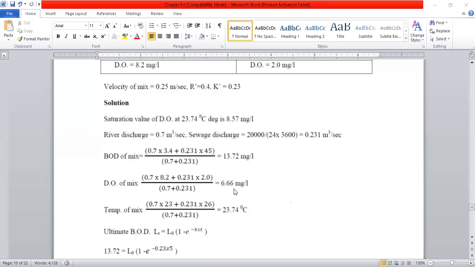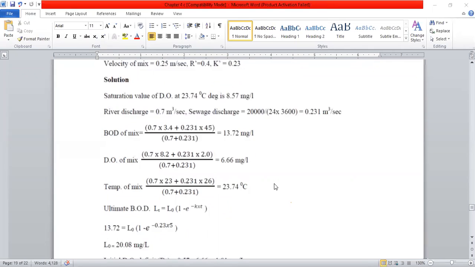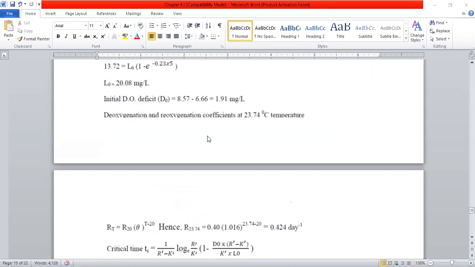Actual dissolved oxygen level of stream is 6.66 and saturation level of dissolved oxygen of stream is 8.57. So the initial dissolved oxygen deficit D naught is equal to 8.57 minus 6.66, which is 1.91 milligram per liter.